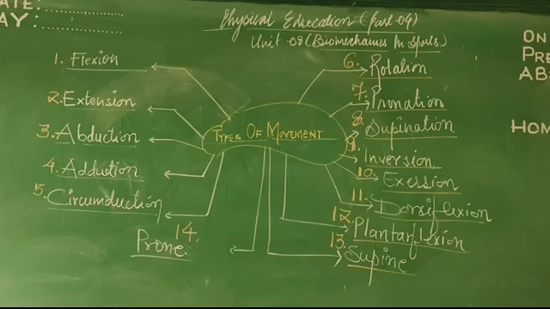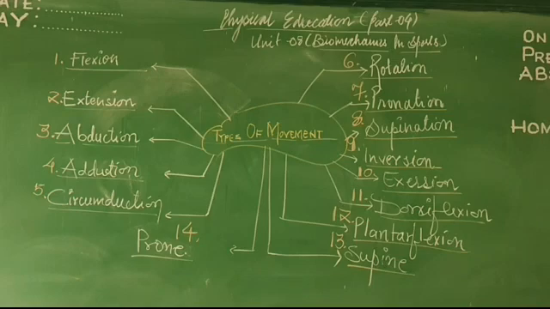Flexion of the shoulder and hips refers to the movement of the arm or leg forward. So what is the basic definition of flexion? Flexion is the bending of a joint so as to bring together the parts.